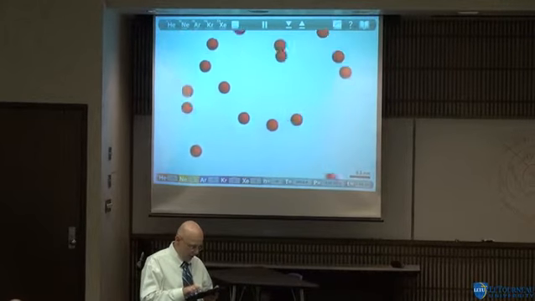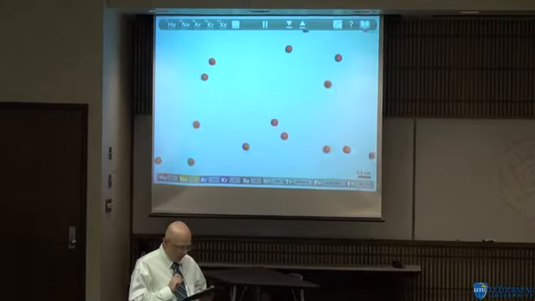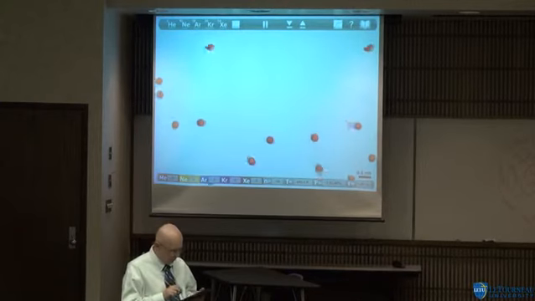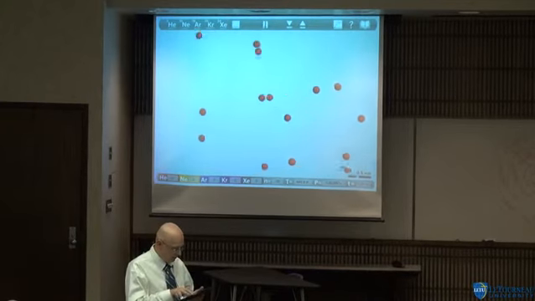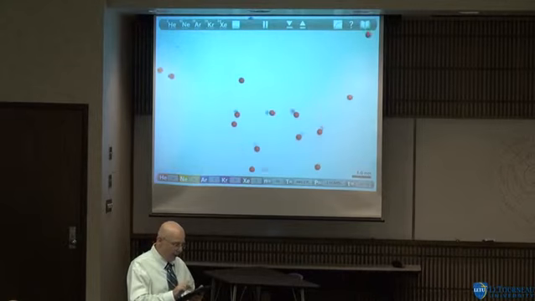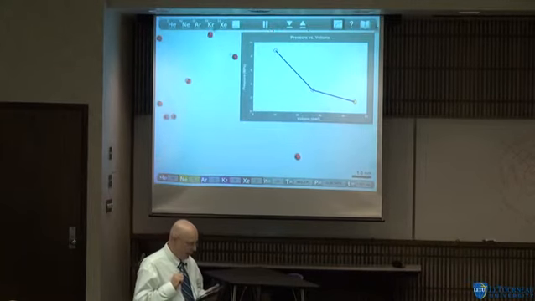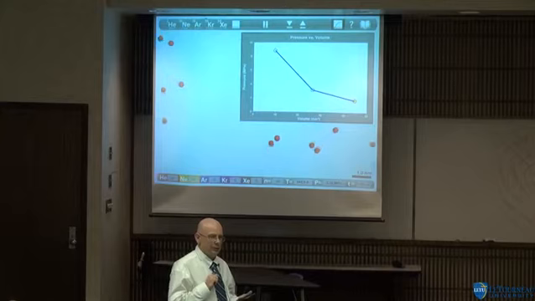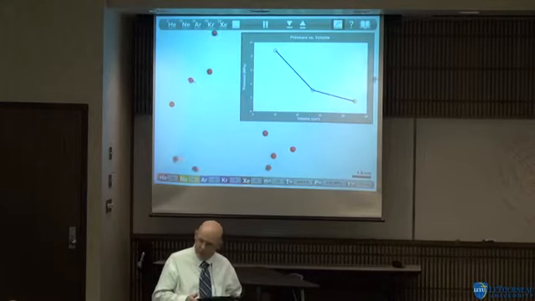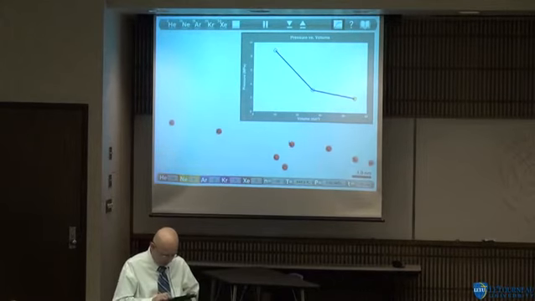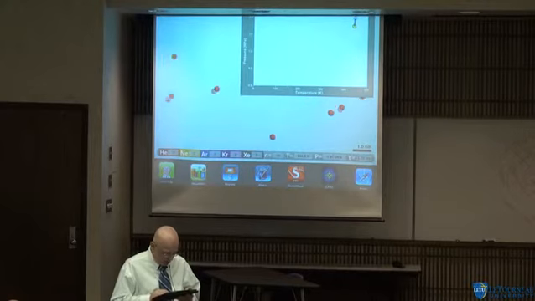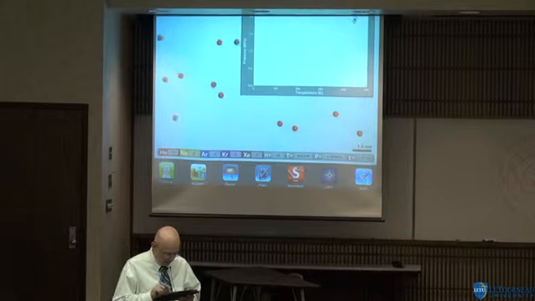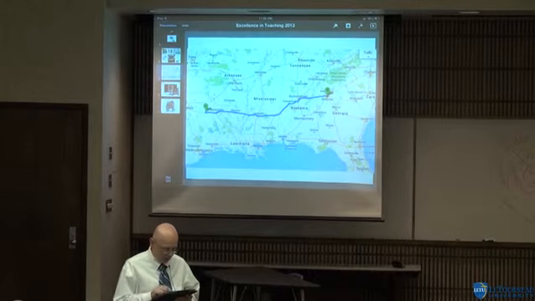I can increase my volume, and the pressure is going to drop because the balls hit the side less. Increase it some more, and then I can plot this up, and I can see how the pressure dropped as I increased my volume. Fun stuff to play with there, atoms in motion. Okay. All right, so all that's fine and dandy, and we can do more things like that. Let's just go back to our little talk here.